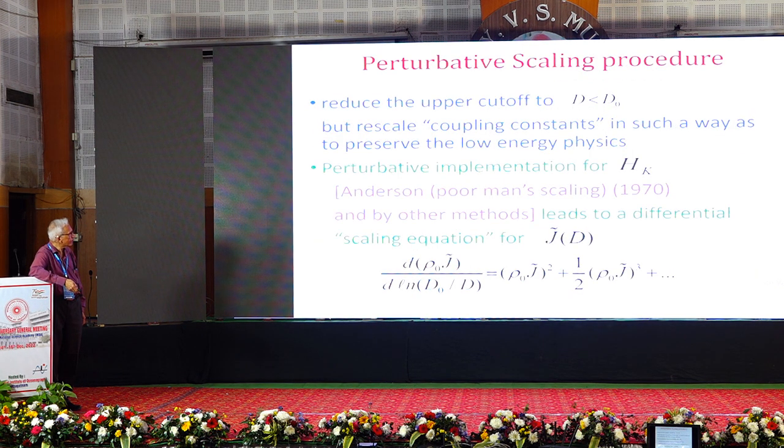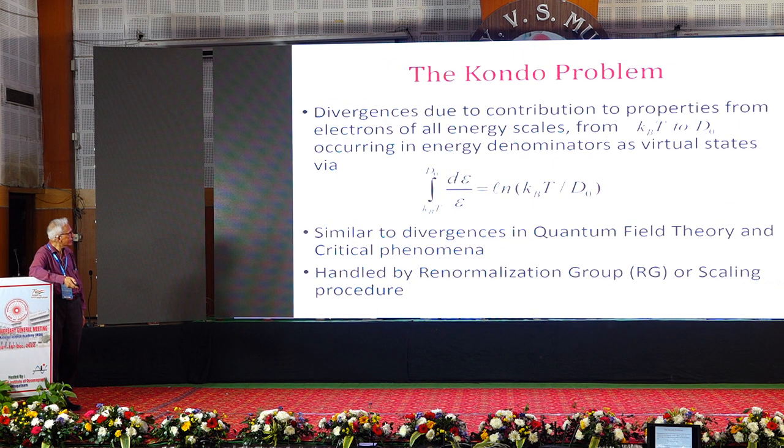So one of the ways that people attempted to handle this divergence early is with something called the scaling procedure, which was in fact an inspiration for Wilson to invent this renormalization group. So the idea is that if you go back to this integral, this logarithm, it's saying every interval in energy between kT and D naught is contributing to this logarithm. And there are a lot of those intervals, and that's why the thing diverges.